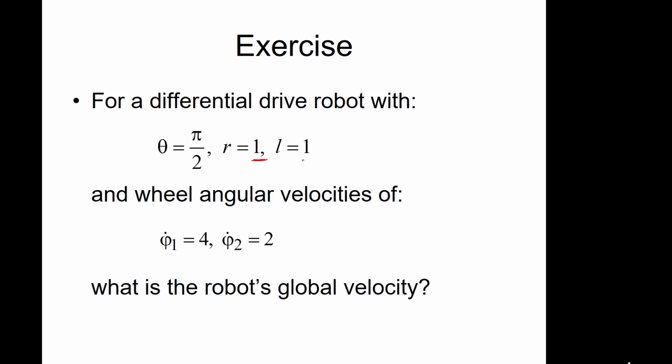You've got a wheel radius of 1 centimeter and an axle half length of 1 centimeter, and the robot is angled with the global frame at 90 degrees. Then given you've got a wheel velocity for wheel 1 of 4 radians per second and wheel 2 of 2 radians per second, what is the velocity of the robot in the global frame?